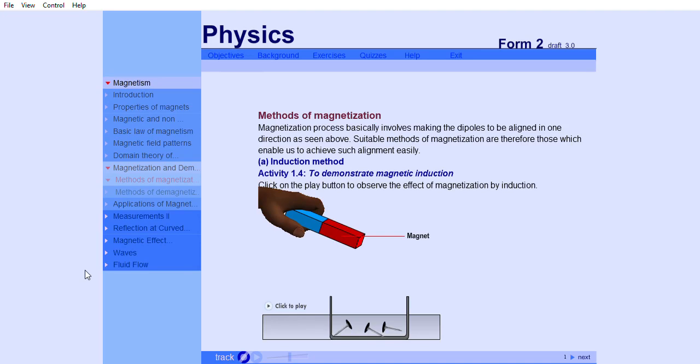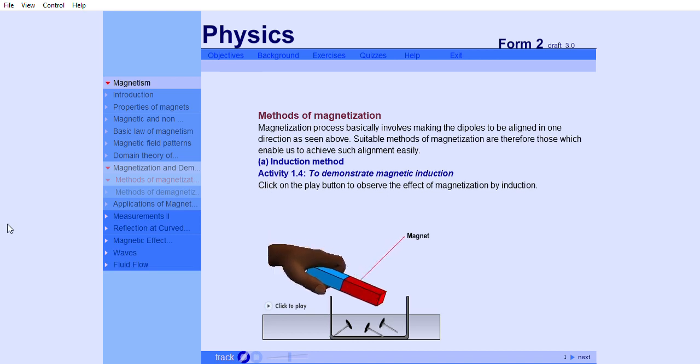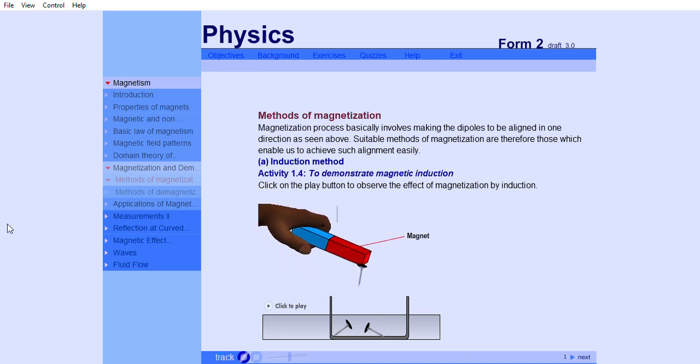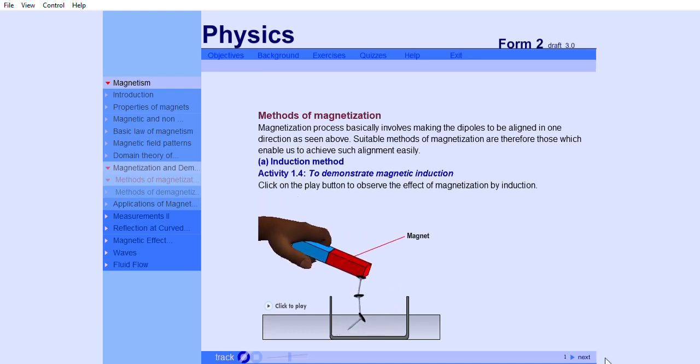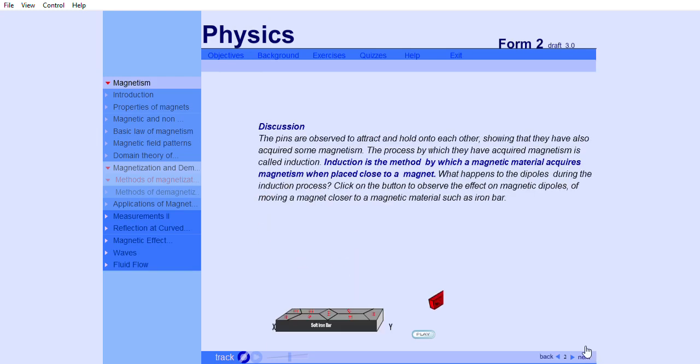Activity 1.4 to demonstrate magnetic induction. Click on the play button to observe the effect of magnetization by induction. Discussion.